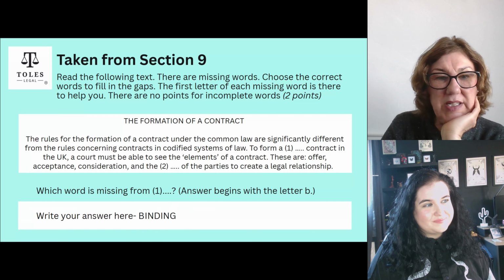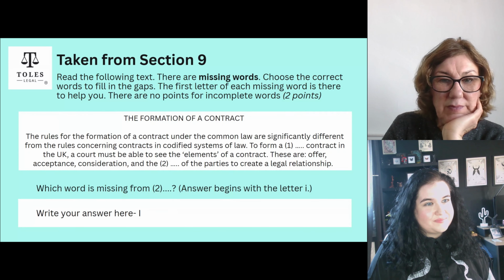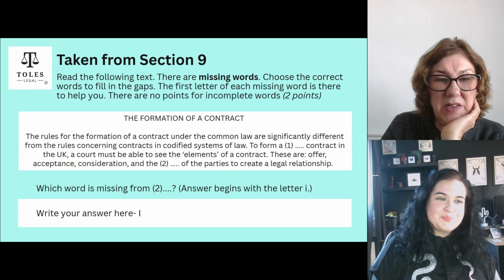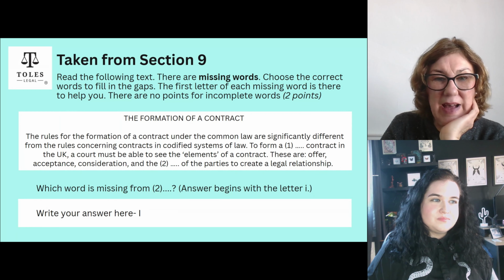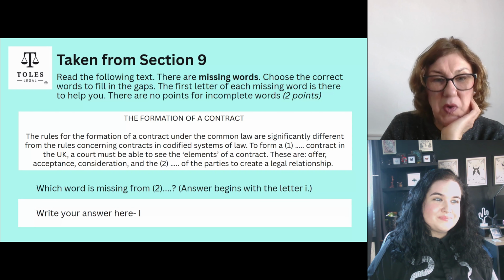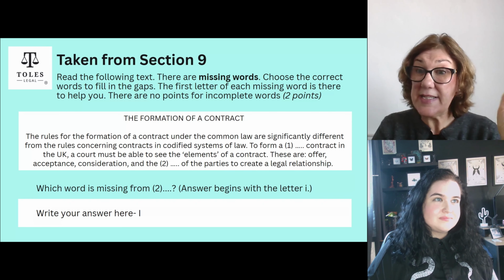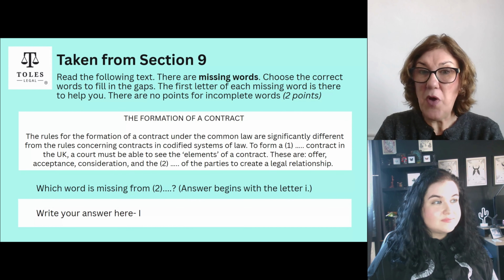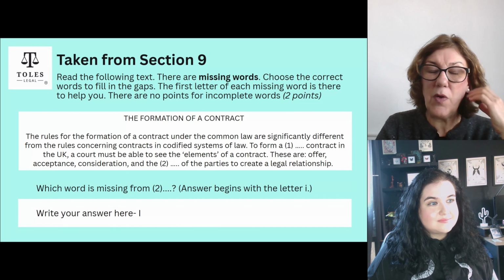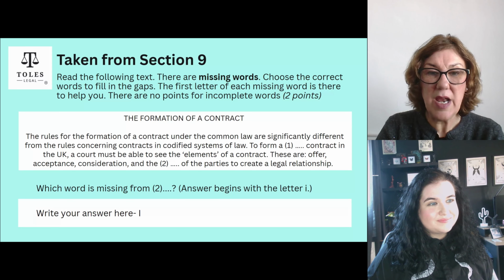Okay, what's next? It's number 2. So the second word begins with I. So we're talking about the elements of a contract. And this is in the common law, not in your own area of law. It's probably very different.